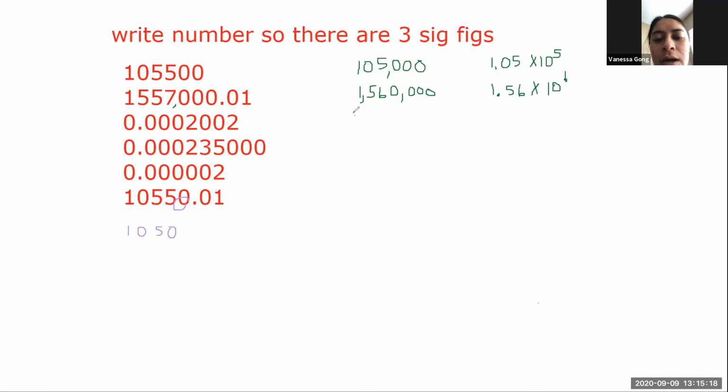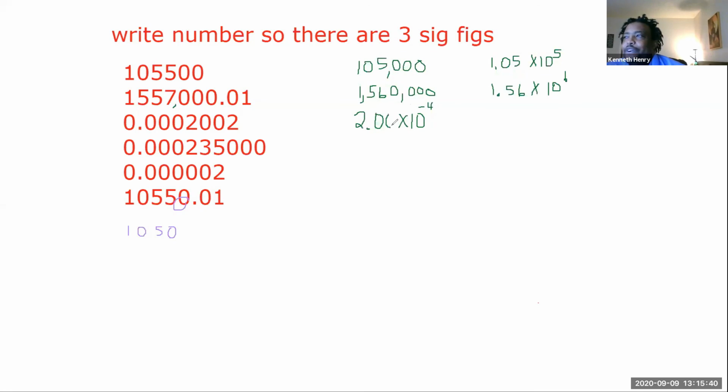Would it be 2.0 times 10 to the -4th? So would that be 3 significant figures? Would it be, no, but 2.00? There we go. 2.00. Yes. Okay. Good job, Vanessa. Thank you.